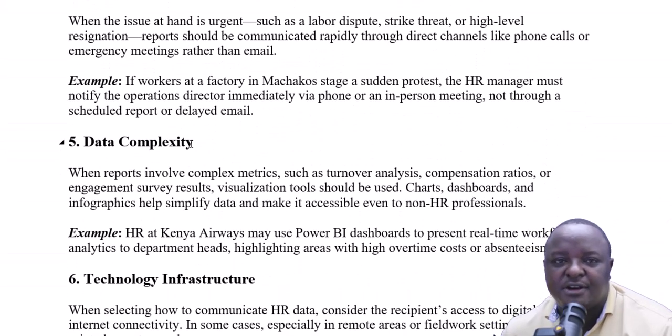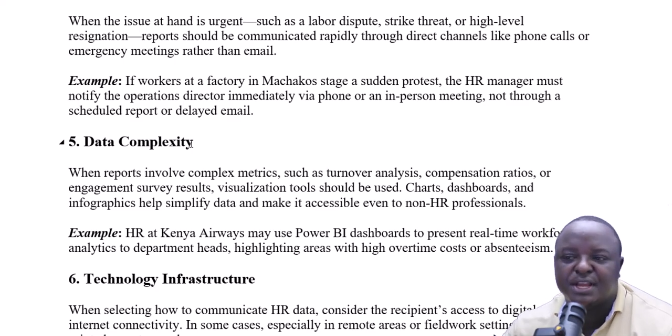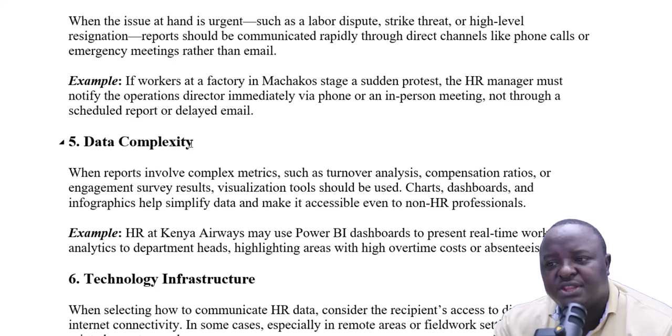The fourth factor is the urgency of the reports or the information within the reports. When the issue at hand is urgent, such as a labor dispute, strike threats, or even a high-level resignation, reports should be communicated rapidly through direct channels like phone calls or emergency meetings rather than email.